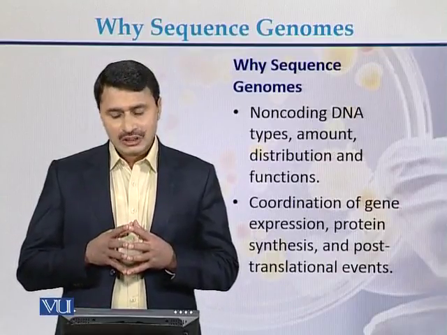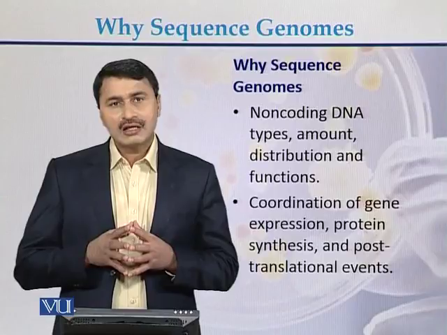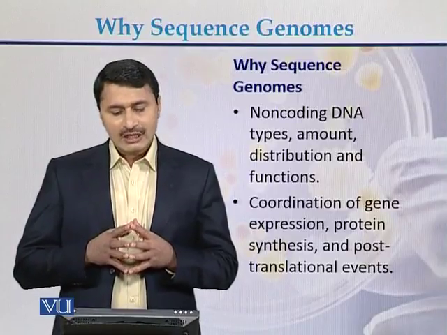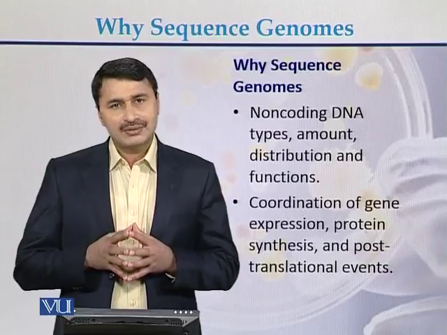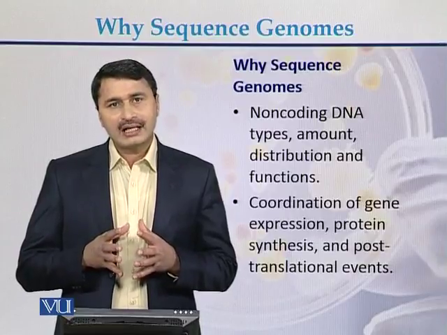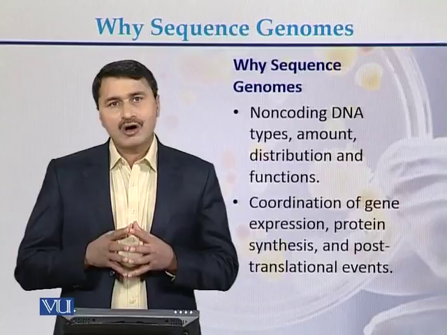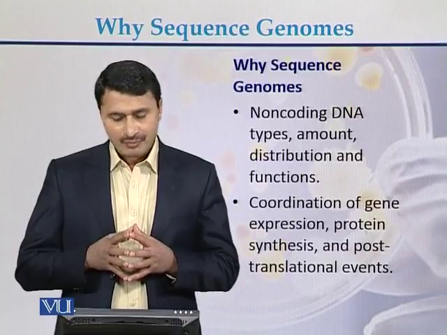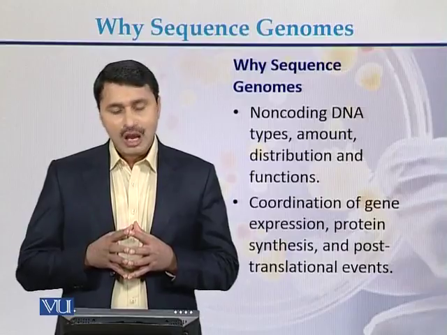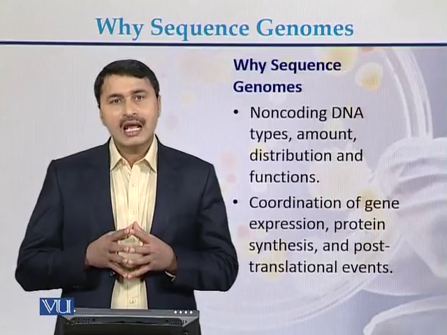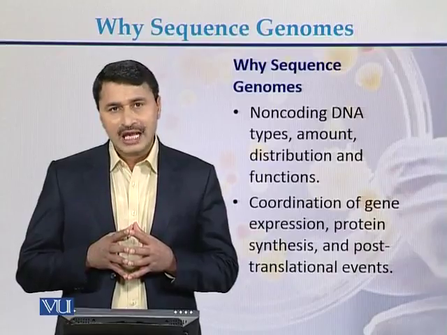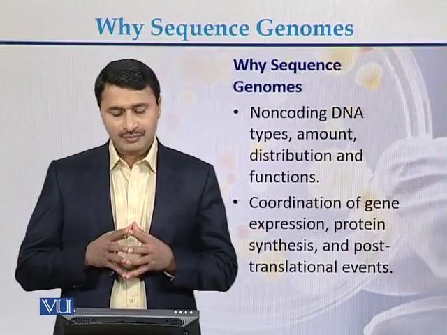We can also come to know the non-coding DNA types, because there are different types of non-coding DNA in eukaryotes. We can also come to know the amount, distribution, and function of those non-coding DNA on the genomes.